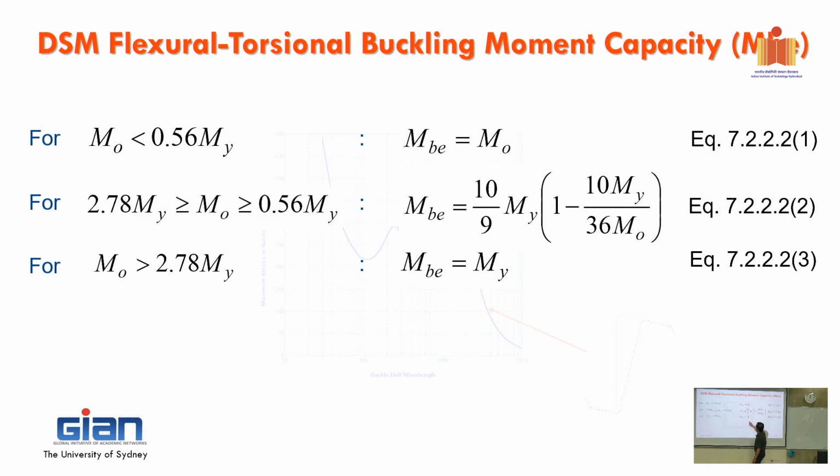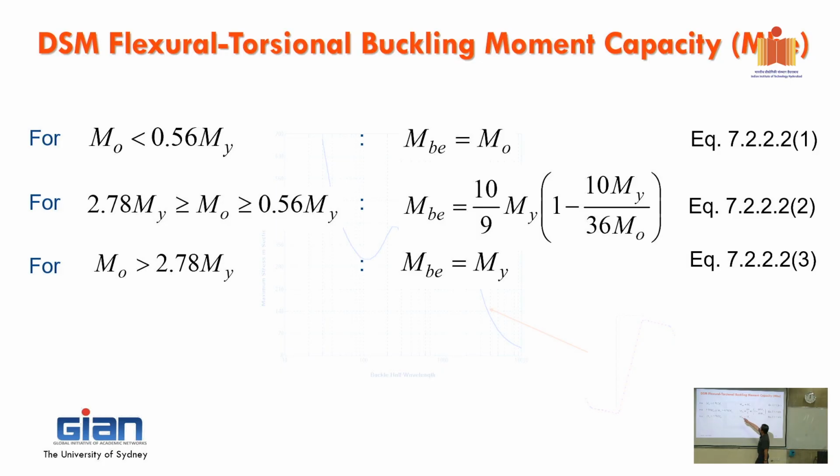All right, so in the middle range in here is when buckling comes into play, okay? But not really purely flexural-torsional elastic buckling. It's somewhere in between. So what we call that is inelastic buckling, right?